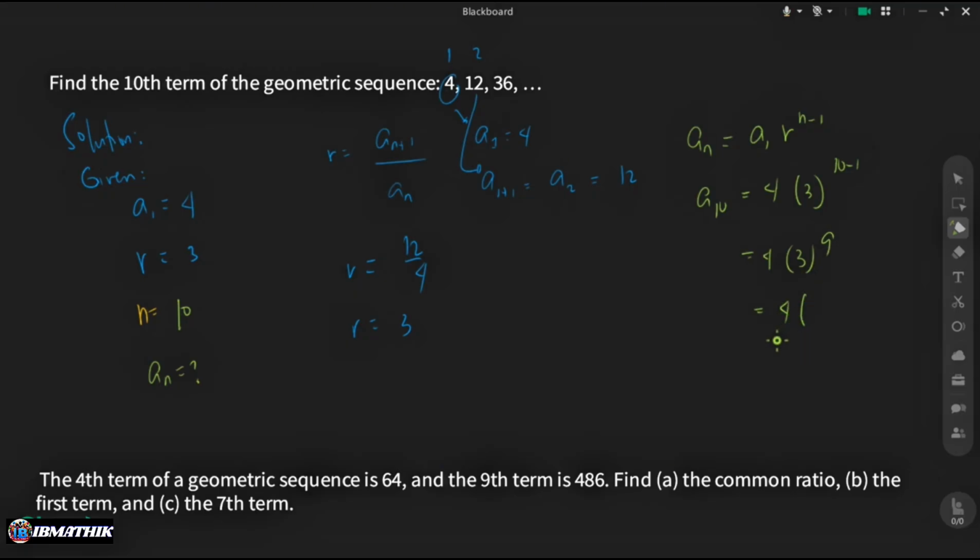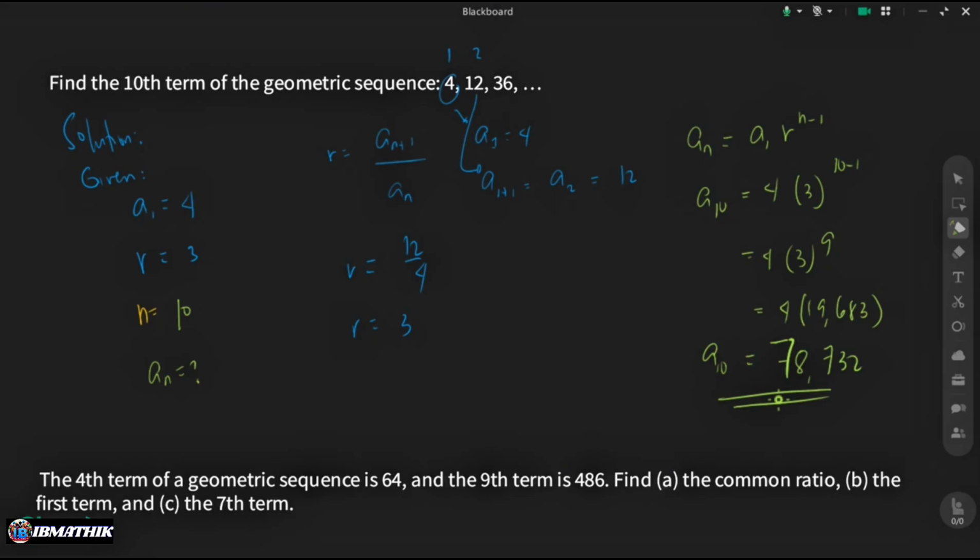What is 3 raised to 9? 19,683. So our 10th term will be 4 times 19,683, which is 78,732.